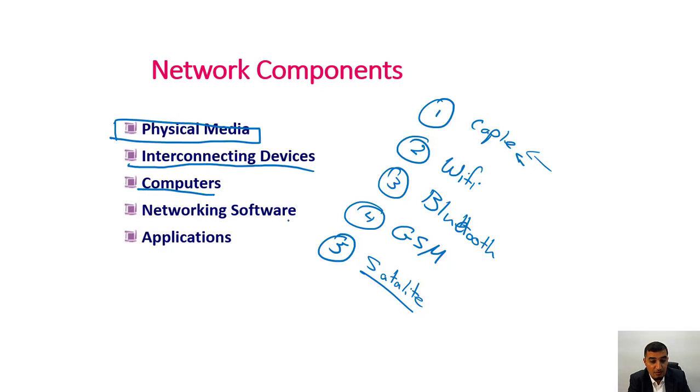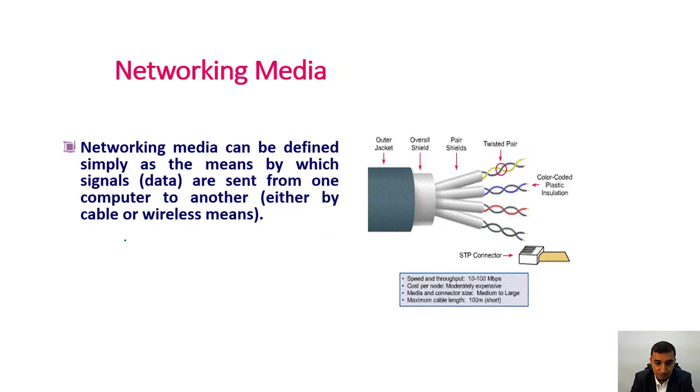After that, you need some network software that will allow the packets to be sent and received. These softwares use TCP/IP protocols to send and receive data. And finally, you need your application, such as WhatsApp or whatever application you are using.